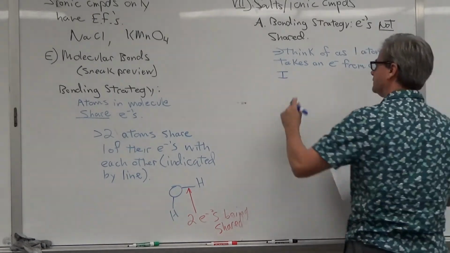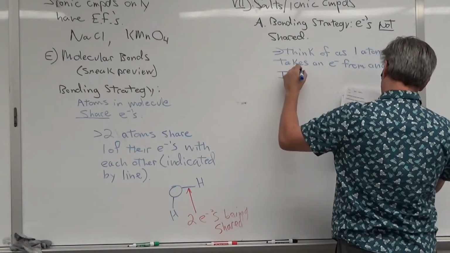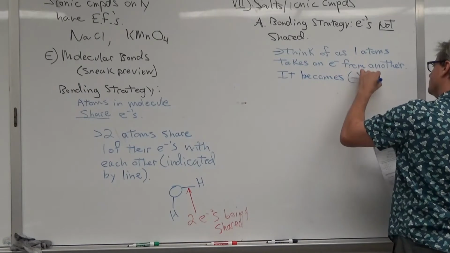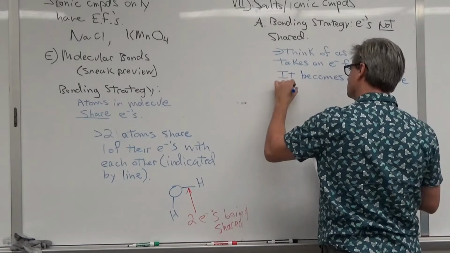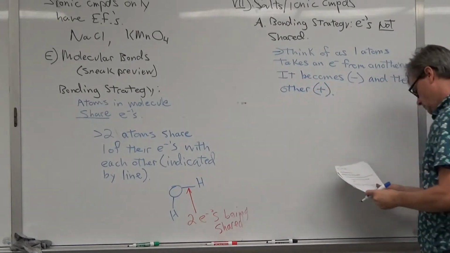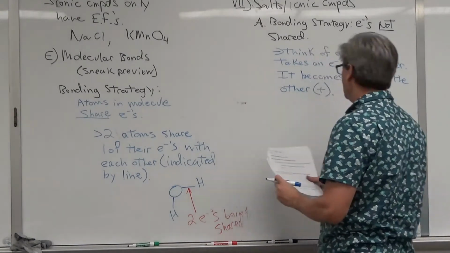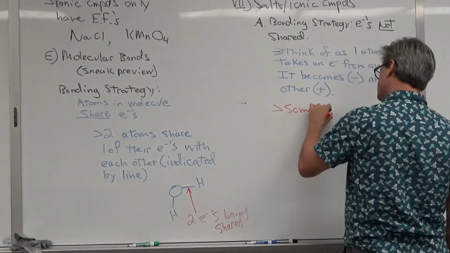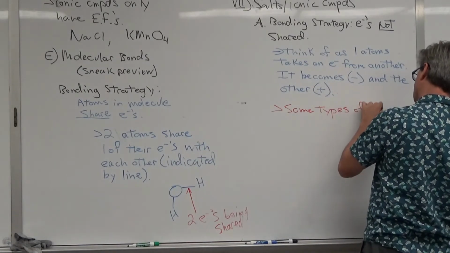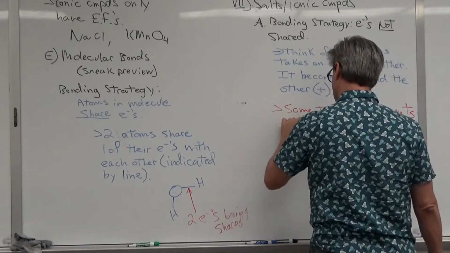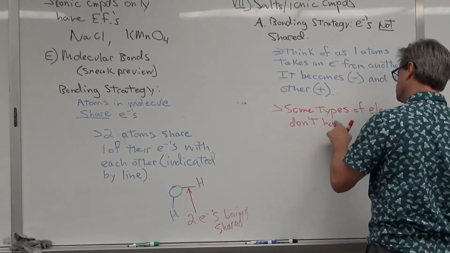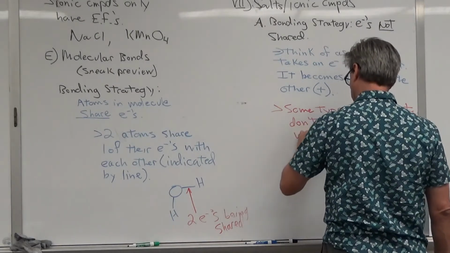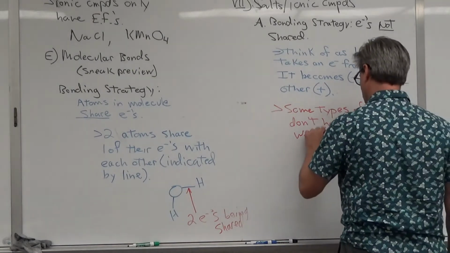It becomes negative, anionic, and the other becomes positive. Some types of elements don't hang on to their electrons well, and these are usually the metals.